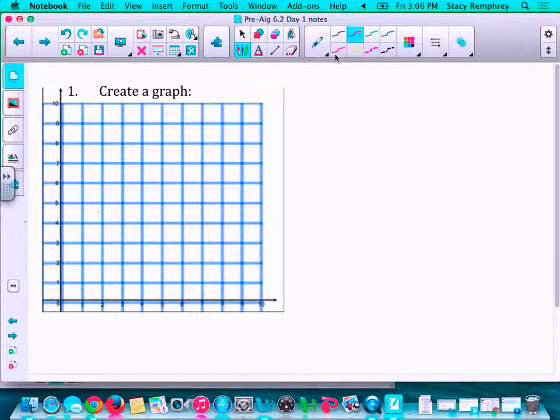Again, you might want to change this so it's not counting by the same thing because we have to go up to 24. So you might even want to count by 6s. So let's make this 6, 12, 18, 24. You could count by whatever you'd like, if you'd like to count by 5s or something too.